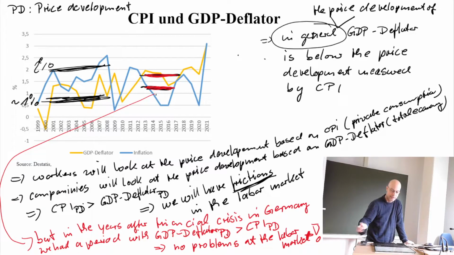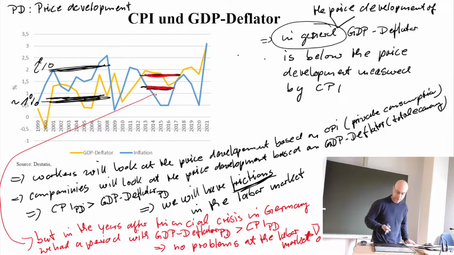Because in general, this was the situation, and this was quite an exception, that during this time the whole price effect in the total economy was faster than the price effect in private consumption.